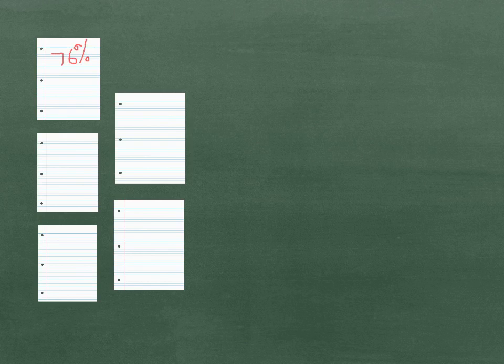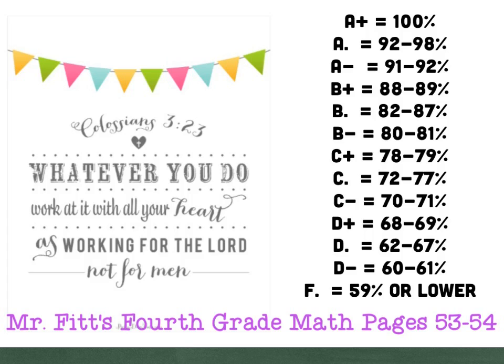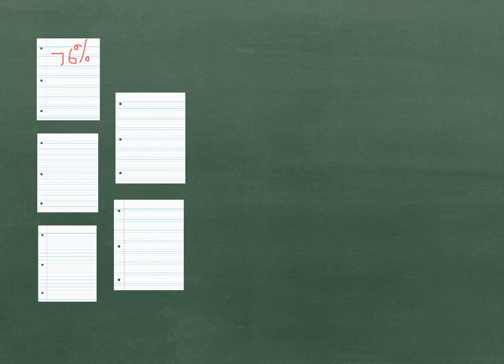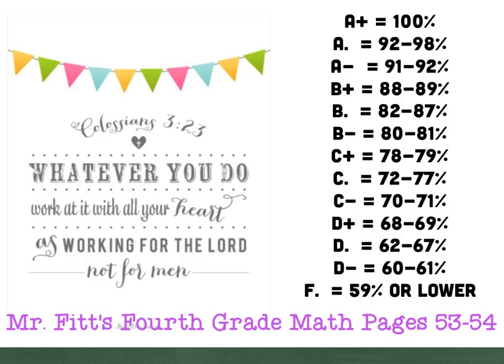If we look at the grades here, a 76% would be a C. So I put a C on this paper, 76% C. And then let's say the next paper you got a little better, you got an 88%. And we look again at what the grade would be for that. 88% would be a B+.